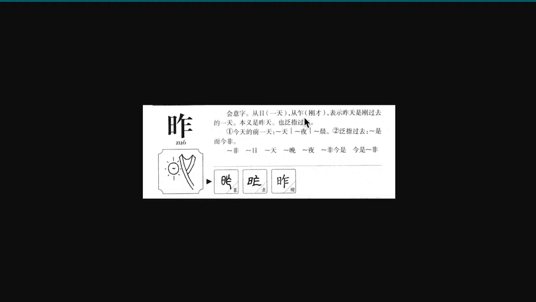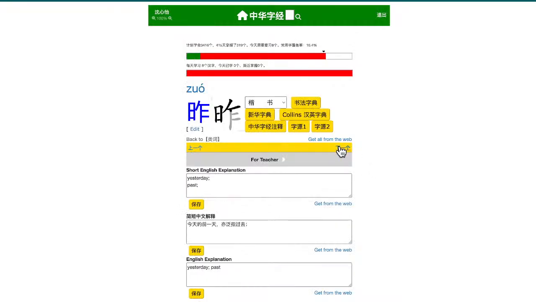Now 乍 means 刚才, just now, which means it's a past time, it just passed. And 日 means sun, also referring to a day. So 乍 and a day together mean the day just passed, which is yesterday. Okay, so this is 昨.